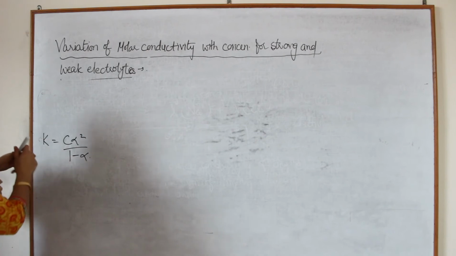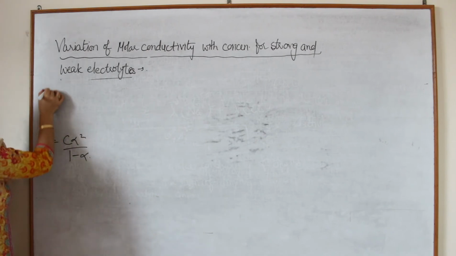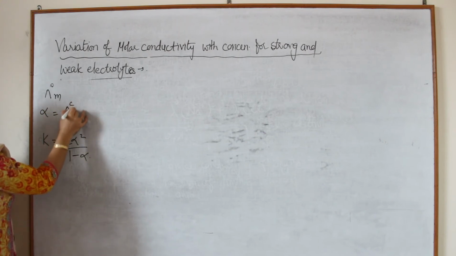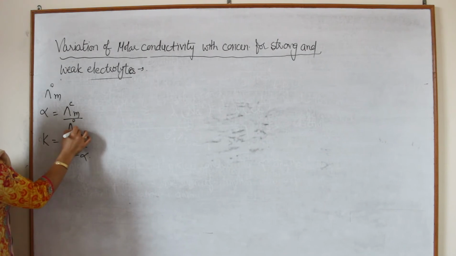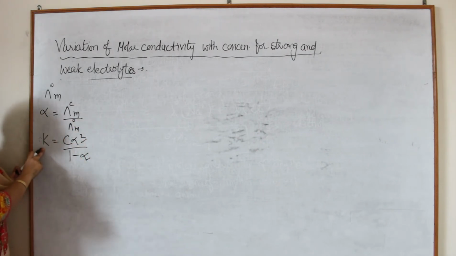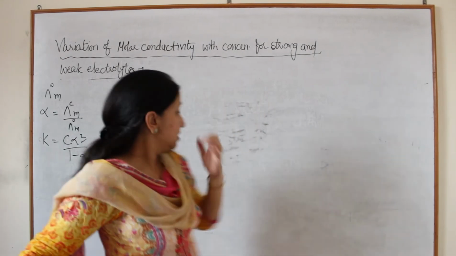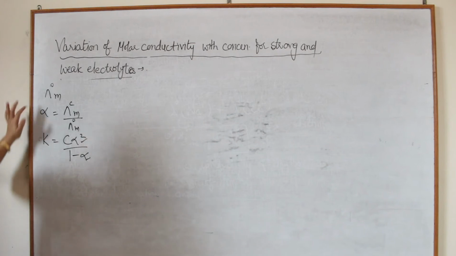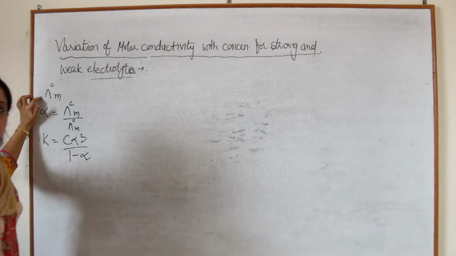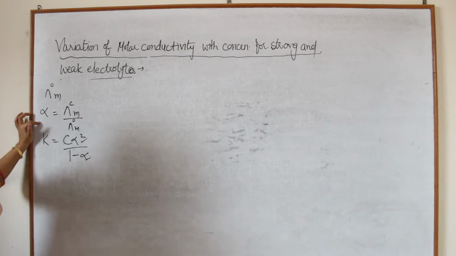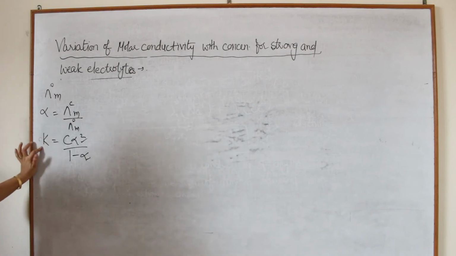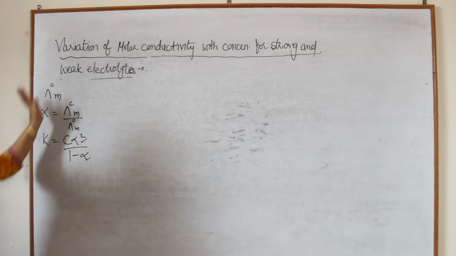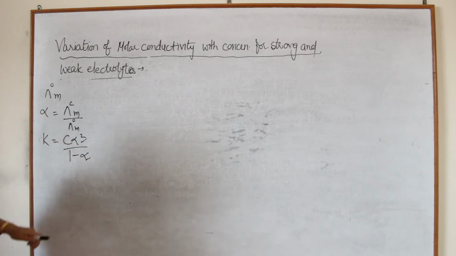Because first we can calculate the value of lambda naught m, then we can calculate the value of alpha, and if we know alpha, then we can also calculate K. So by using Kohlrausch's law we can easily calculate these three values: molar conductivity at infinite dilution for weak electrolytes, the degree of dissociation for weak electrolytes, and the dissociation constant for weak electrolytes. So with the help of Kohlrausch's law our three problems are solved.